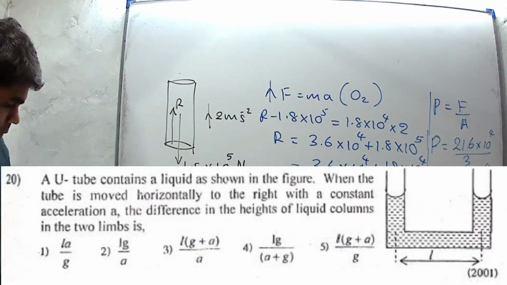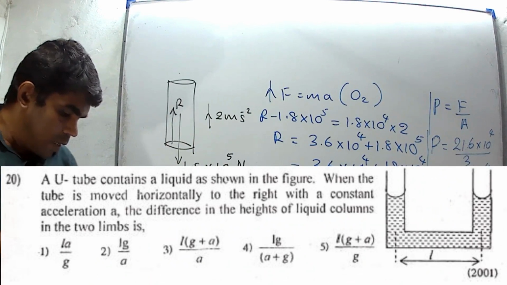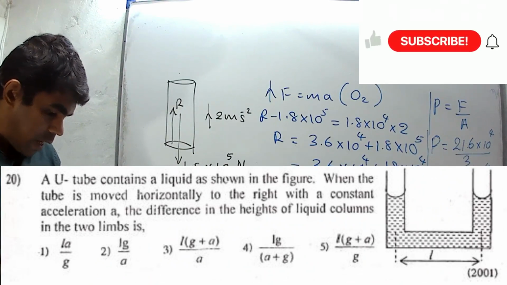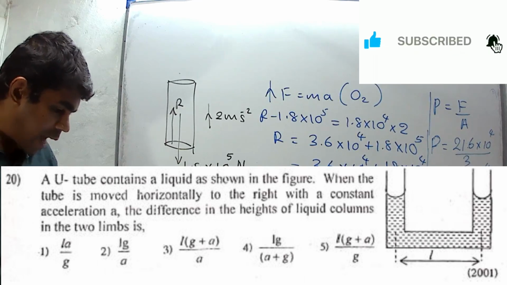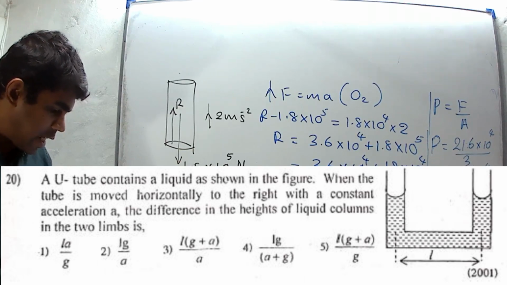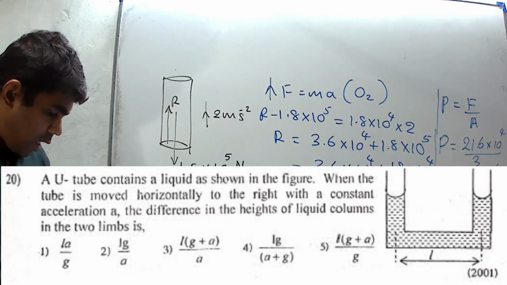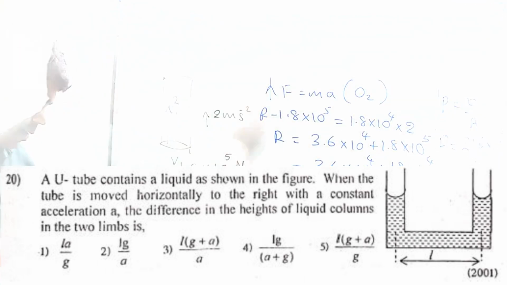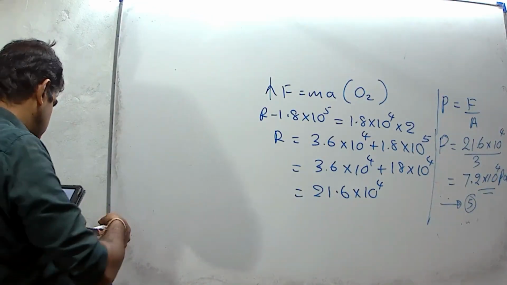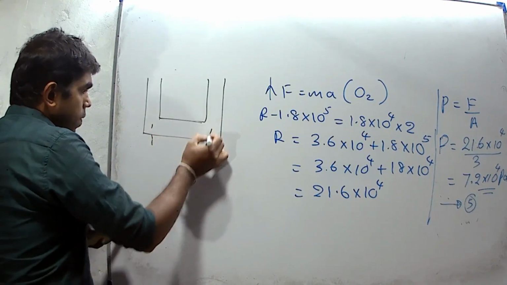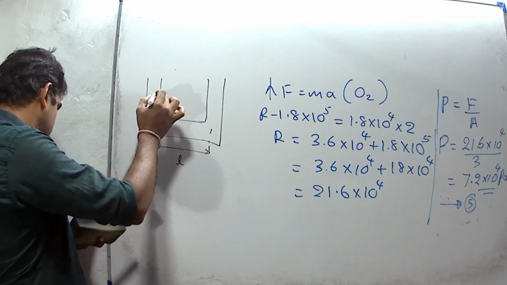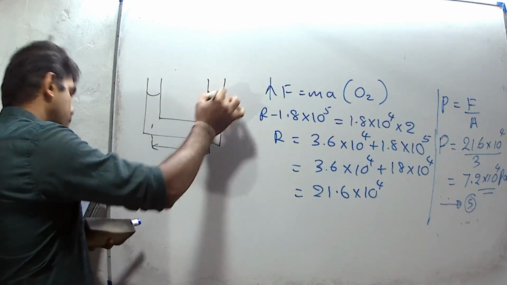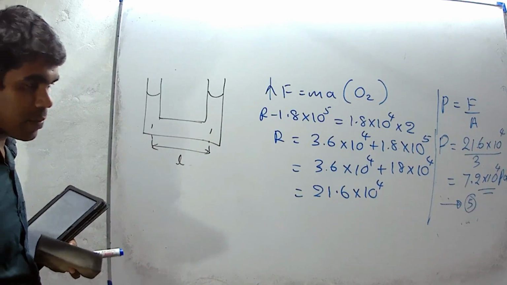Then 20. A U-tube contains a liquid as shown in the figure. When the tube is moved horizontally to the right with a constant acceleration a, the difference in the height of the liquid column in two limbs is. When considering the system, we can observe that this L length of liquid is reacting to the acceleration.